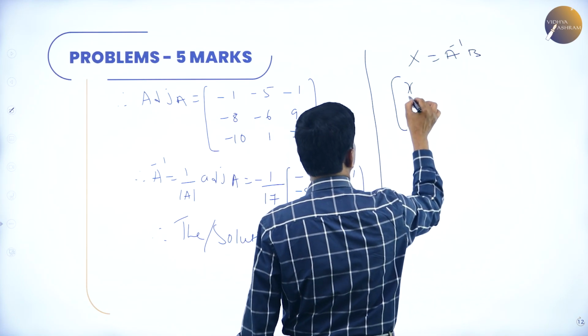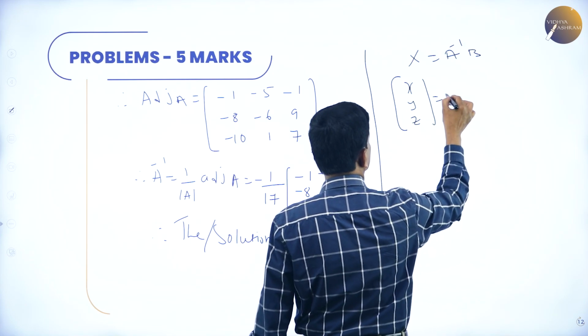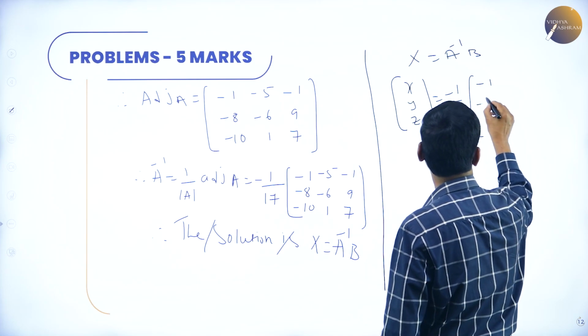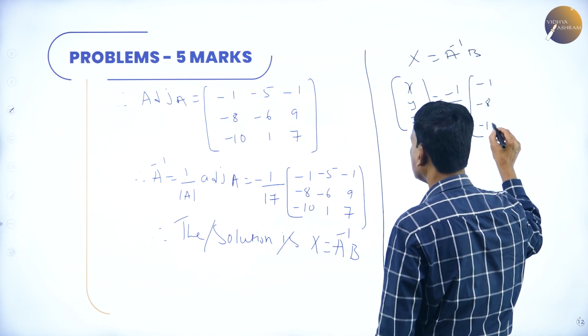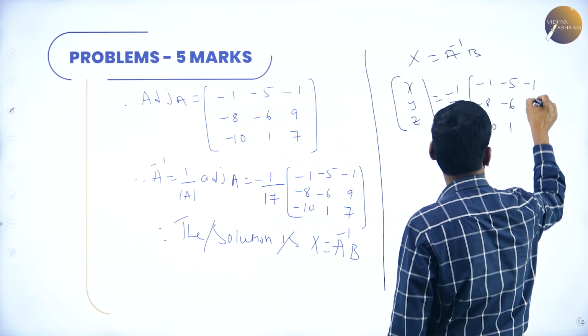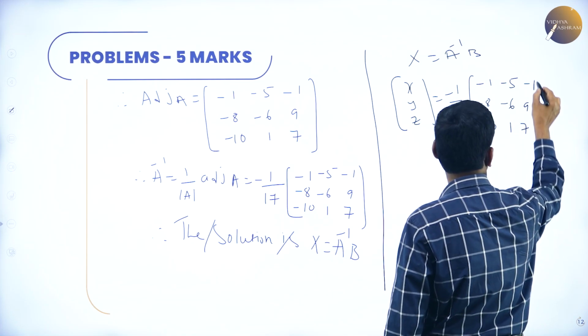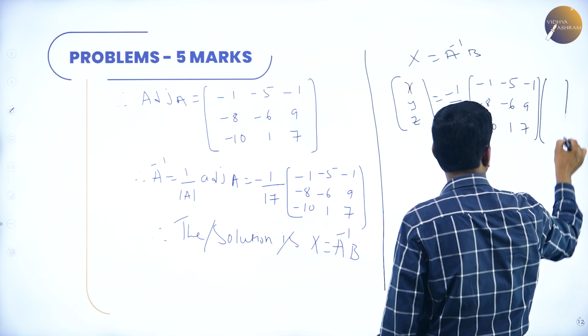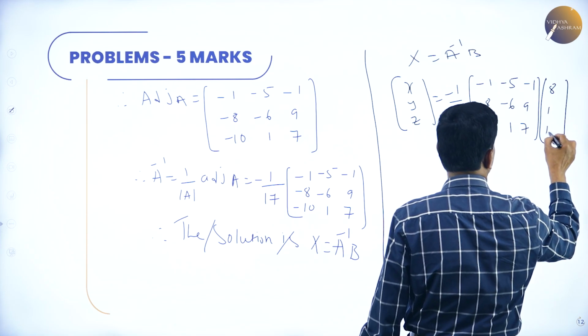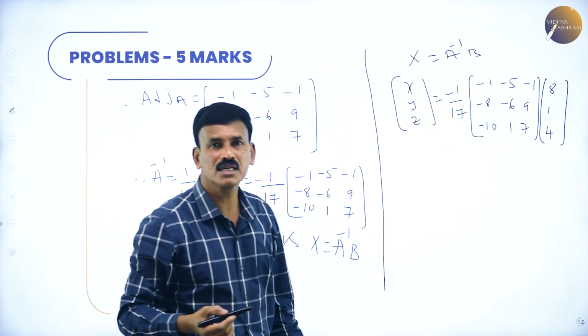X, Y, Z is equal to minus 1 over 17 into the matrix minus 1, minus 8, minus 10, minus 5, minus 6, 1 and minus 1, 9, 7 into the matrix B, which is 8, 1 and 4. Simplify this, you will get the answer. That's it.